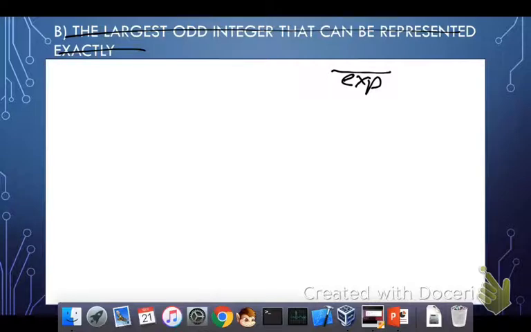Since we subtract the bias, we want the smallest non-zero exponent that we can have. So we're going to have a 1 with a bunch of zeros. Our sign bit will be a 0. And what are we going to have over here? Well, again, we want the smallest possible value, so we're just going to leave zeros here in the significand.